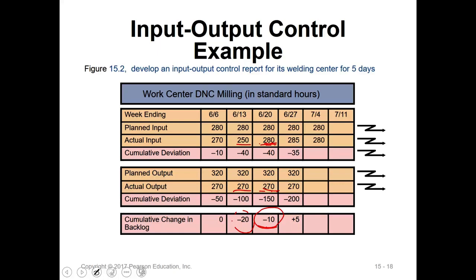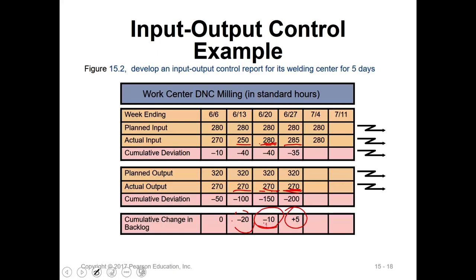And this week, the change is 0, and here it is 15. Because this one is larger than this one, it is positive 15. Positive 15 and negative 10 now end up with positive 5. And here it is cumulative deviation.